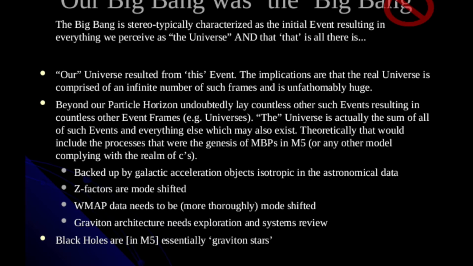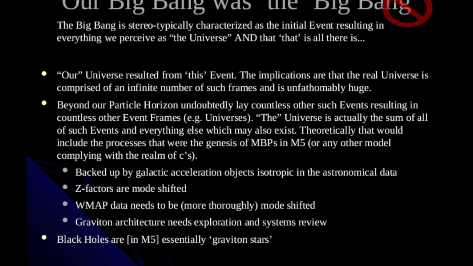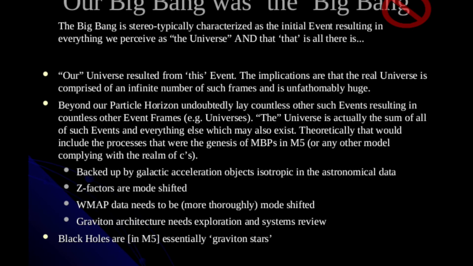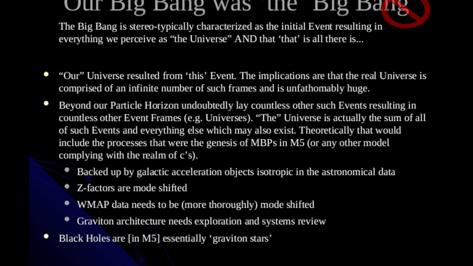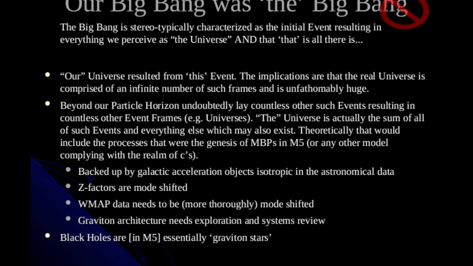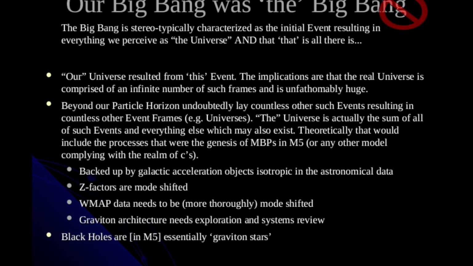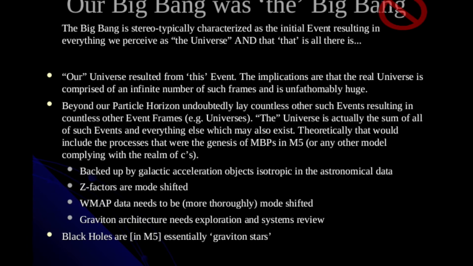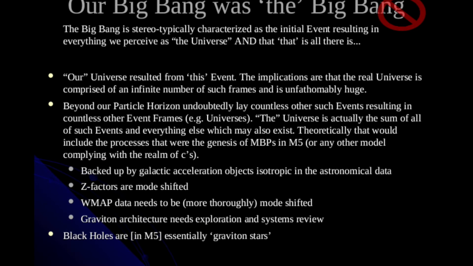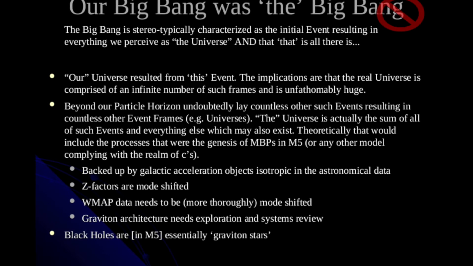In that context, though, because of those statistical circles in the WMAP data, and because they imply that there were more than two objects in that frame, it means that not only is the universe bigger, but these kinds of collisions are occurring everywhere. They're so far beyond our particle horizon, we have no ability to perceive that they're going on.